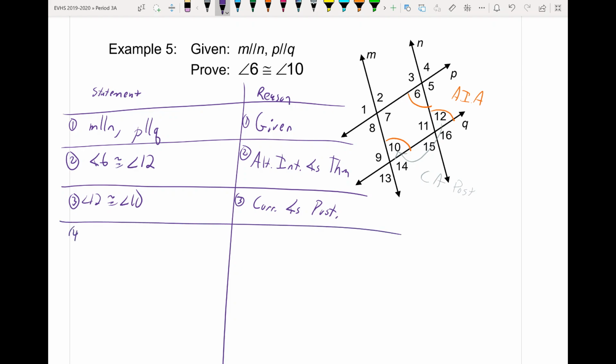And now I'm seeing 6 is congruent to 12, 12 is congruent to 10, 6 is congruent to 10 by the transitive property. And this is where these numbers kind of come into play here. Remember how, like, sometimes last unit it was hard to tell which substituting I was doing, what into where, and all that sort of stuff?